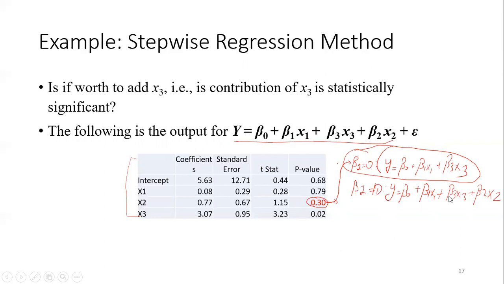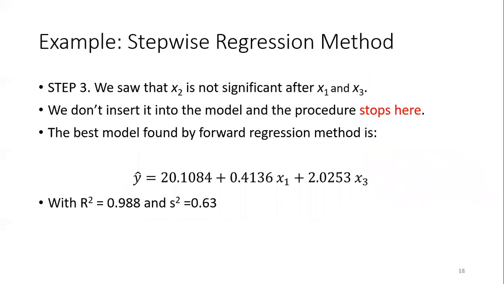So the algorithm just stops here because I cannot add anything. In the previous step, I saw that I cannot remove anything from this model, so we just stop here, right? So the best model that we have found is this.